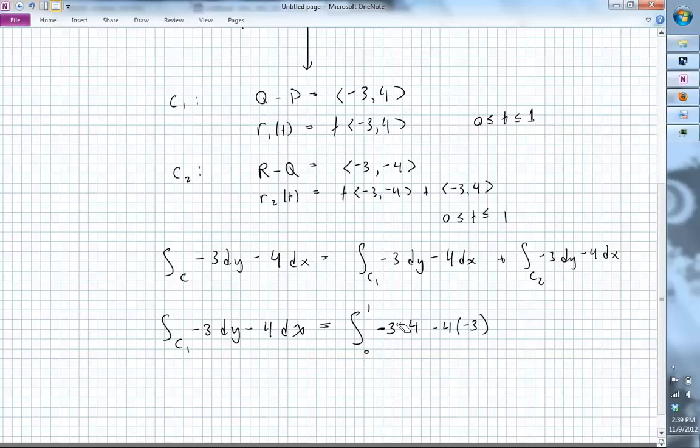And I guess I should be a little more careful here. Let's put parentheses around that too. dt. Okay, so this is dy/dt. This is dx/dt. And I think that's 0 in this case. You get the integral from 0 to 1 of 0 dt, which is 0.